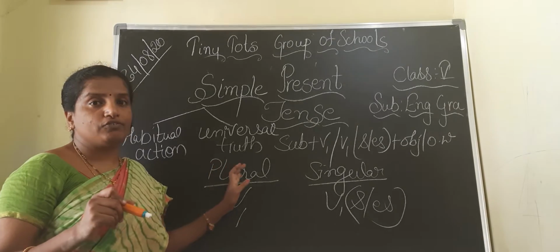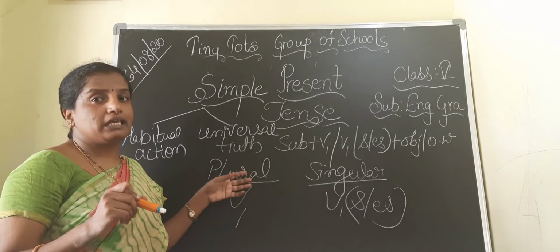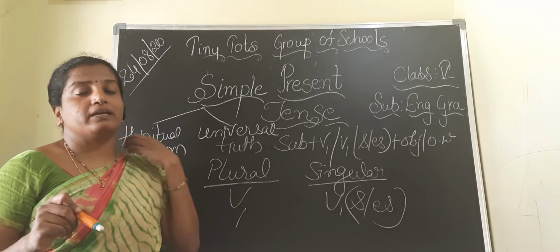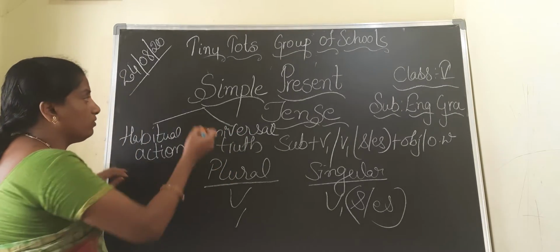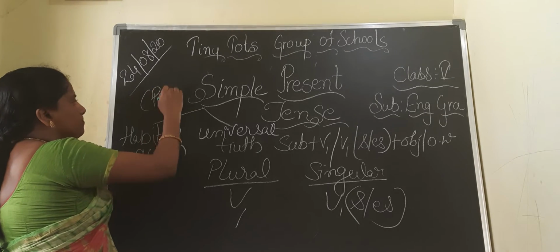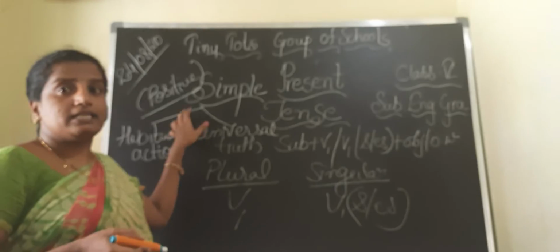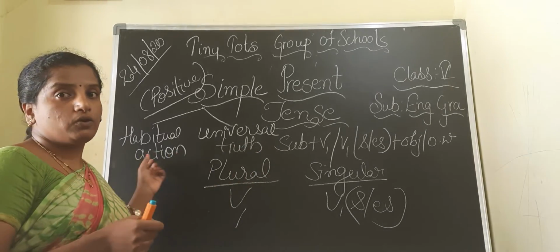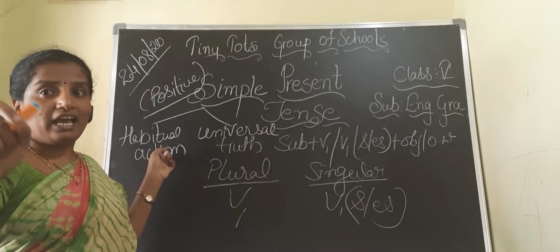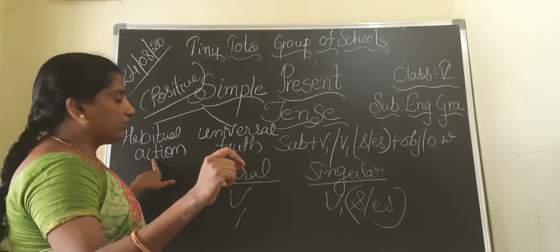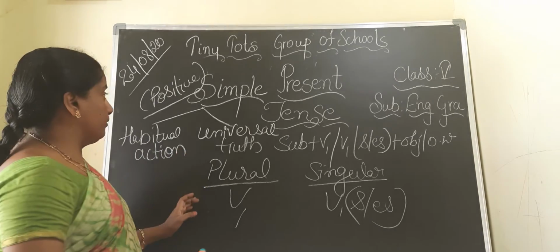And the structure for the simple present tense, positive statements. Here we are discussing only the positive statements, not the negative statements. Let me remind you, we are discussing only the positive statements, children. Simple present tense is used to denote actions which occur at the time of speaking, the habitual actions or the universal truths.